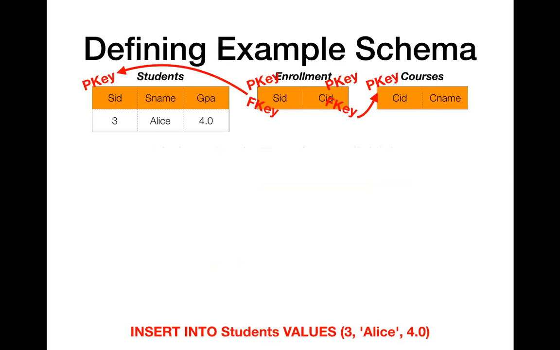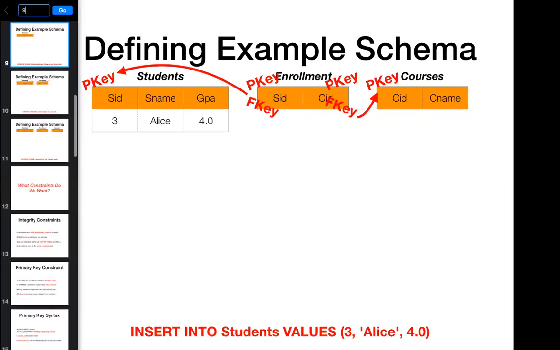All right. Now, first of all, we want to store information on some students. So it makes sense. We want to insert an entry for a student named Alice. And here you can see how we do this. We want to insert something into the students table with the values 3 for the student ID, Alice for the student name, and 4.0 for the GPA.